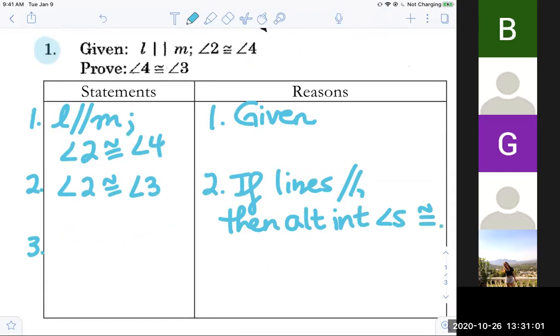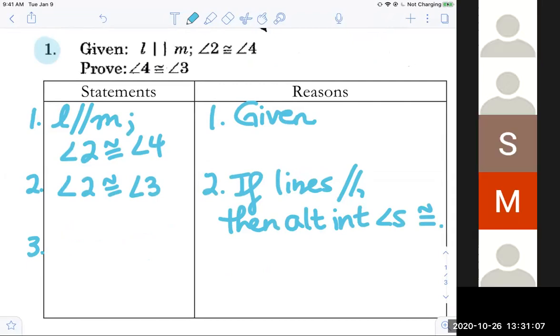Okay, ideas for the next step. We're trying to prove that 4 and 3 are congruent. Sean, what do you think step 3 should say?